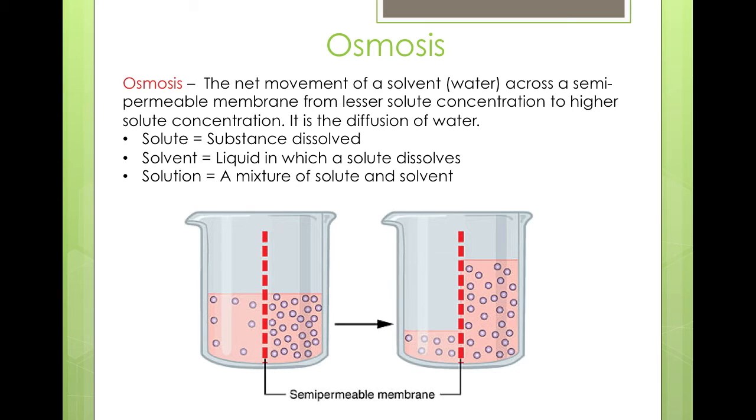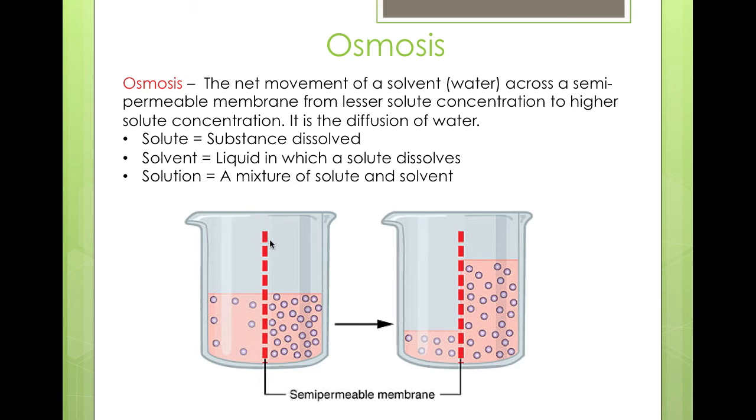So what happens is, if I was to show you osmosis happening, let's imagine you've got a beaker and you put in between the beaker a semi-permeable membrane. Now this could be a piece of the plasma membrane of a cell, a piece of cellulose paper or something like that.